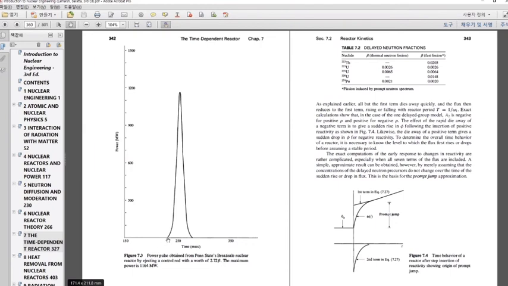Of course, theoretically, when we provide this amount of positive reactivity, the reactor power should increase infinitely. But there must be some reason that this increase is limited by some other external factor.